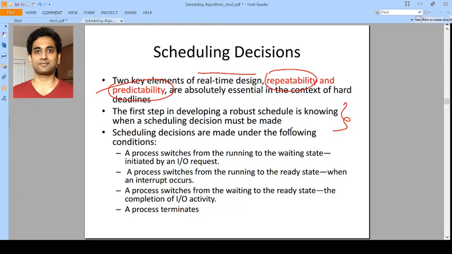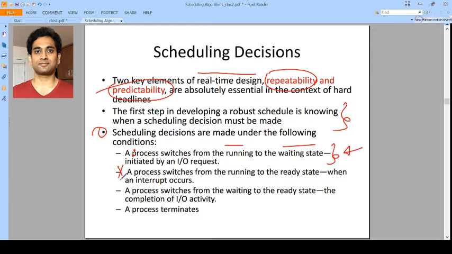Scheduling decisions are made under the following conditions. When a task or process switches from running to the waiting state, what happens next? What task goes into the running state next? In that situation, we have to make a scheduling decision.